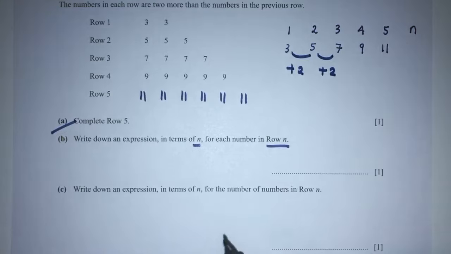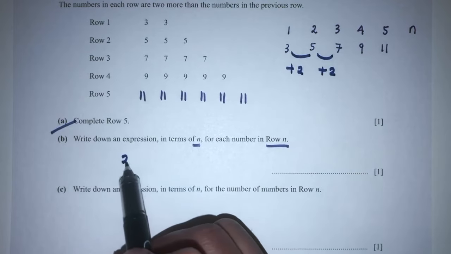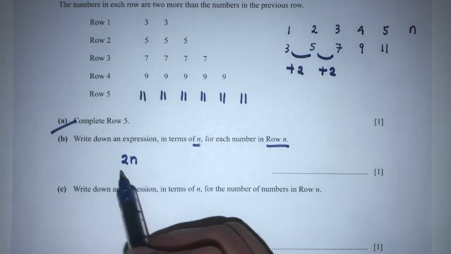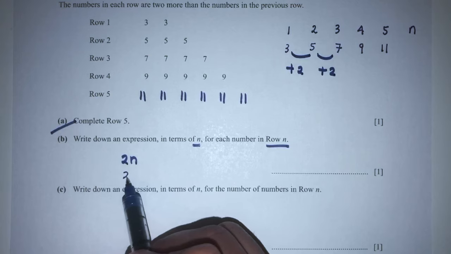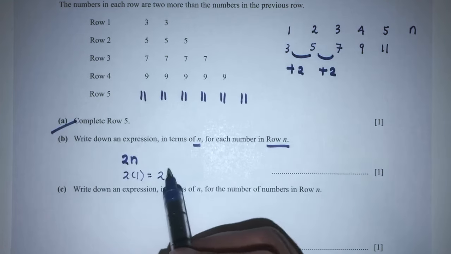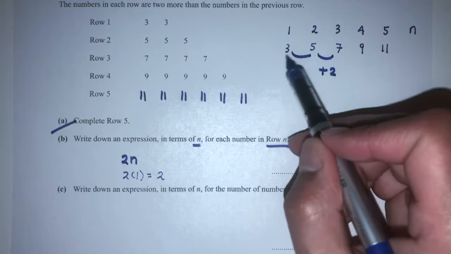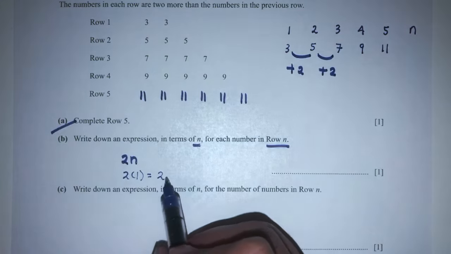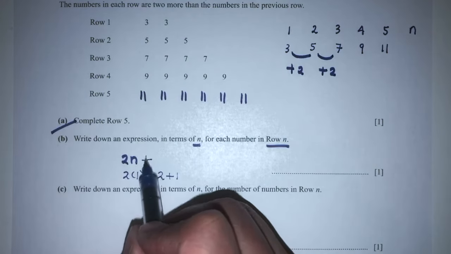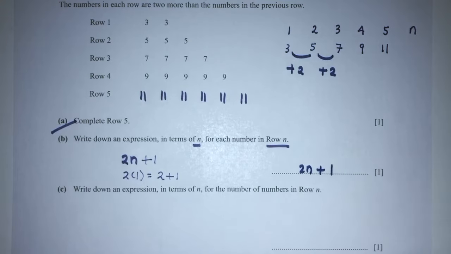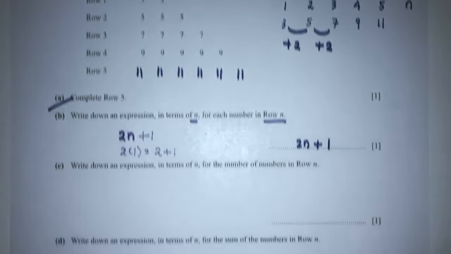It is a common difference, so we write down 2n. Term number 1 would give you 2, but the answer is 3. How can you change 2 to 3? You have to plus 1. So your answer will be 2n plus 1 for the number in each row.